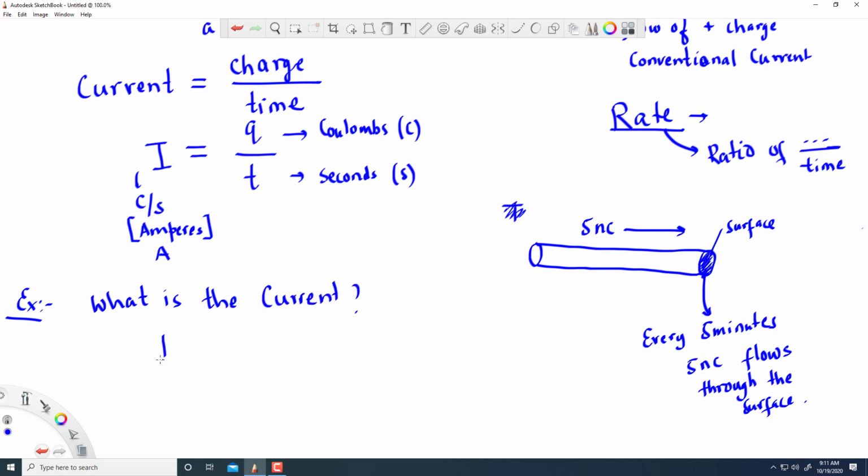So from the definition of current, I is Q over time, and charge is 5 nanocoulomb, 5 times 10 to the negative 9 coulomb.